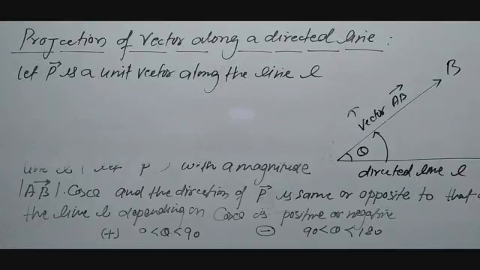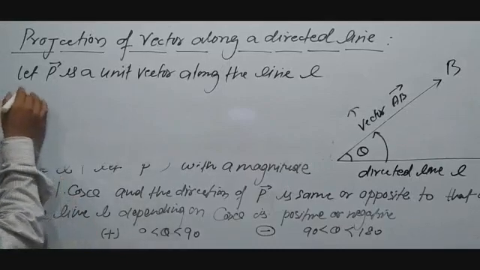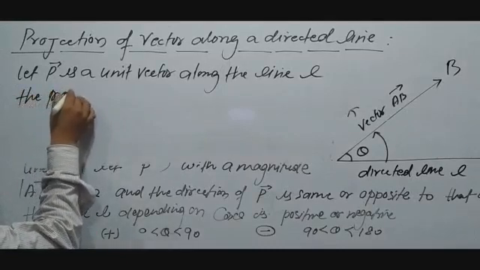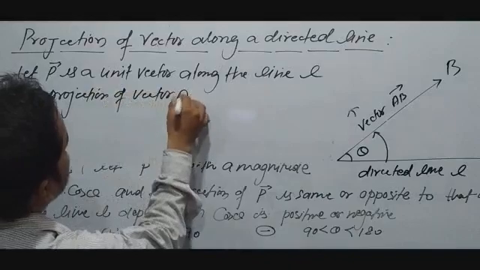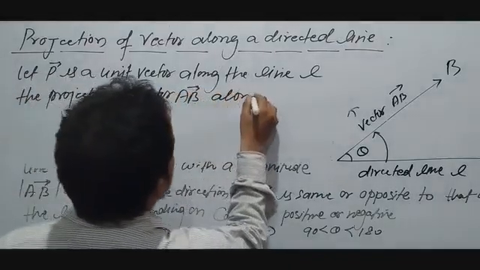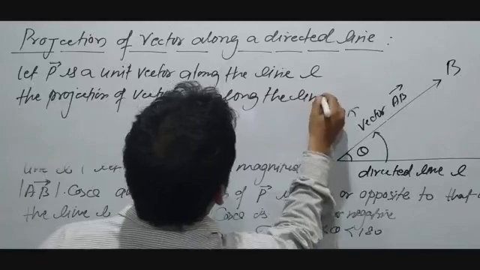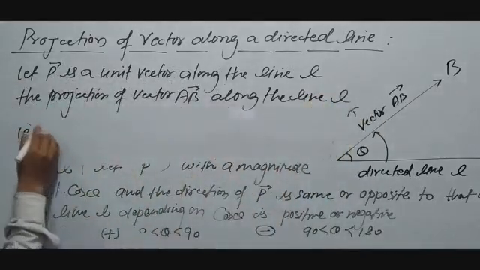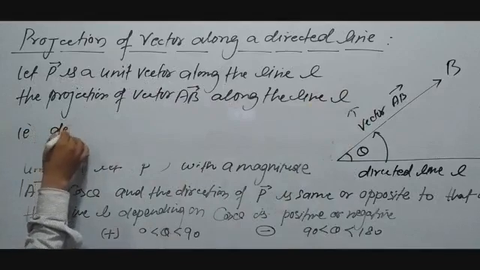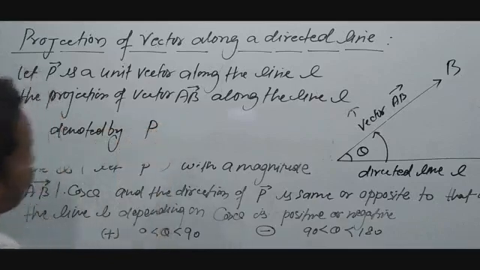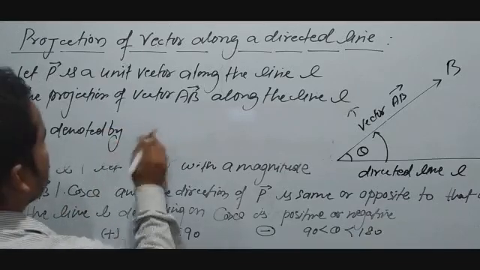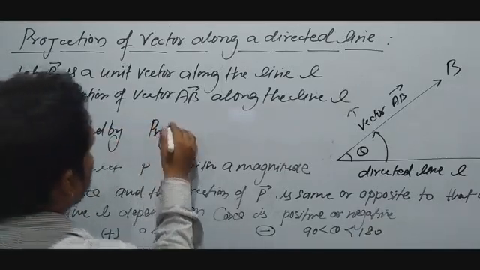Now the projection of vector AB along the line L is denoted by P, P means projection, or denoted by PROJ, projection.